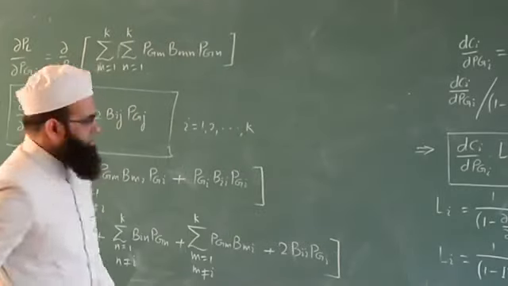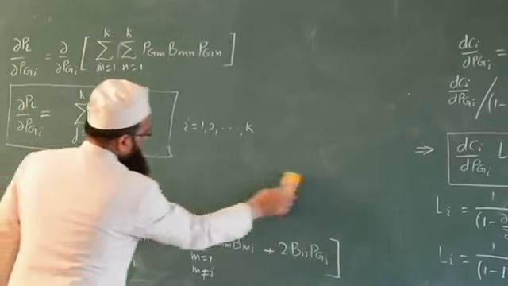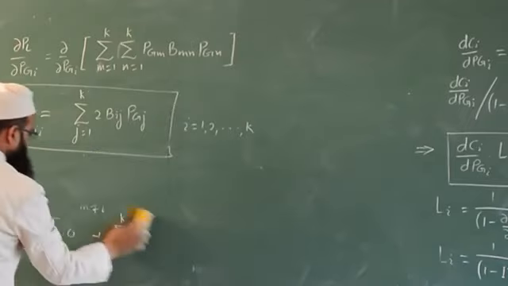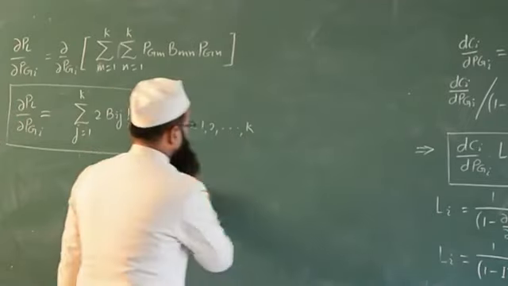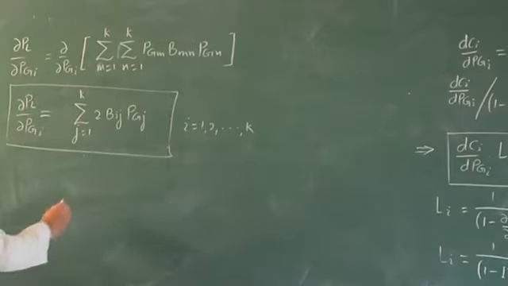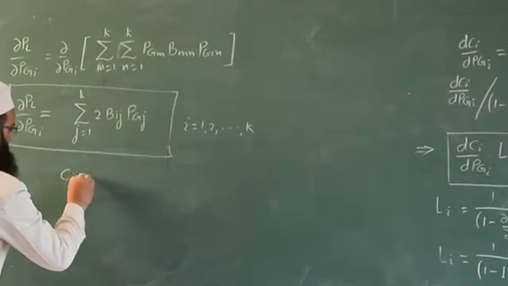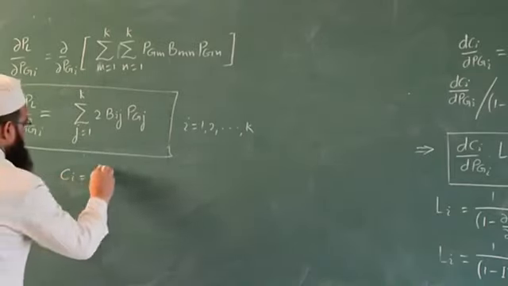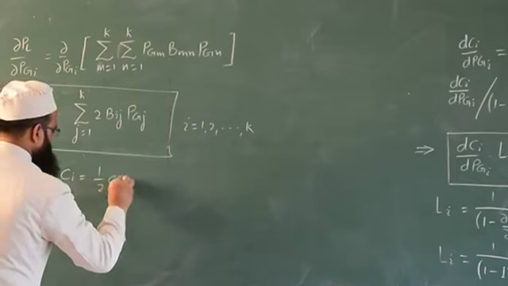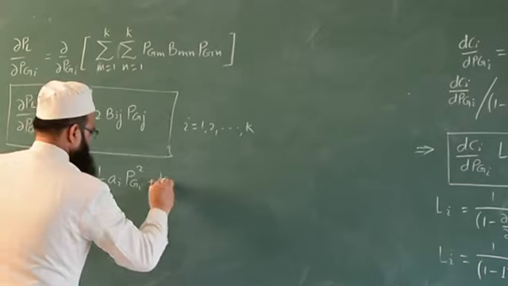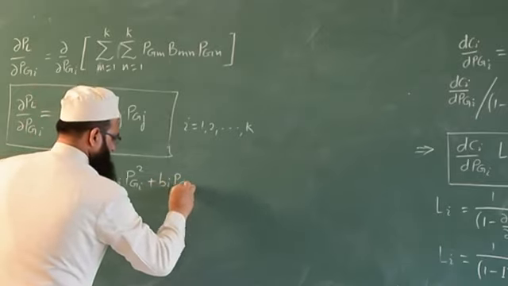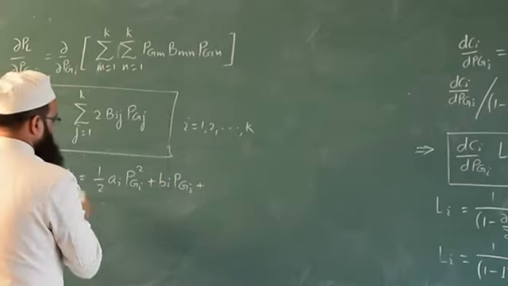Incremental fuel cost. Let us assume that the polynomial corresponding to the cost curve of the ith plant is represented by Ci is equal to half Ai PGi square plus Bi PGi plus Di.